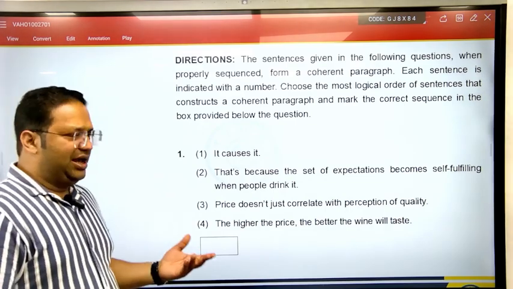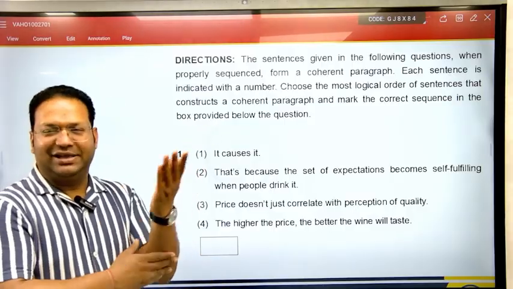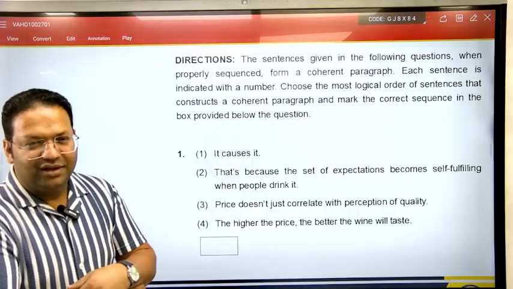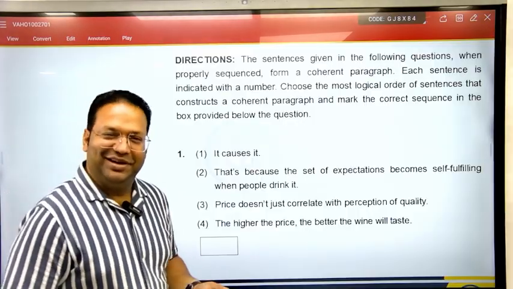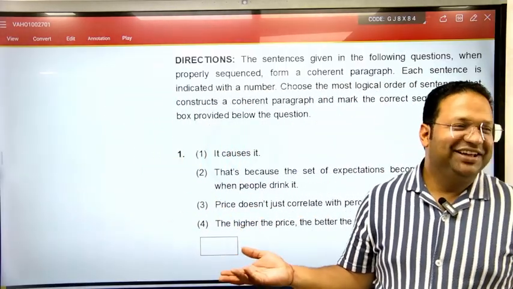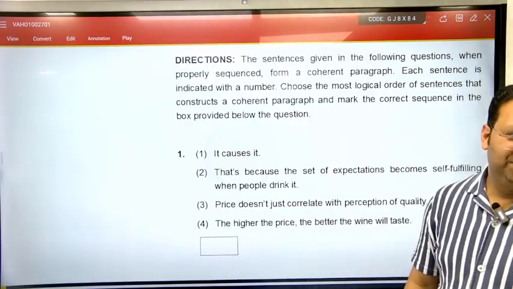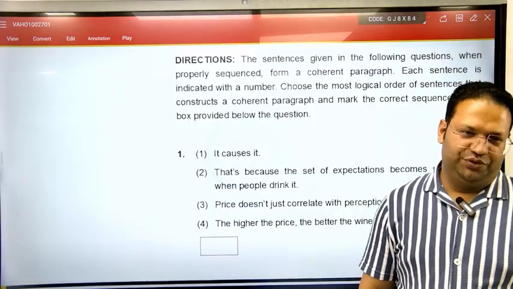The higher the price, the better the wine will taste.' So the moment you buy a very expensive wine, the taste will automatically be nice. So it would be like 3-1 and 2-4. 3-1, 2-4 should be your answer.